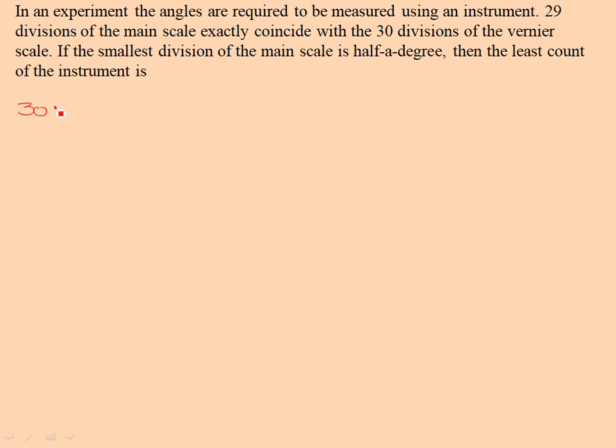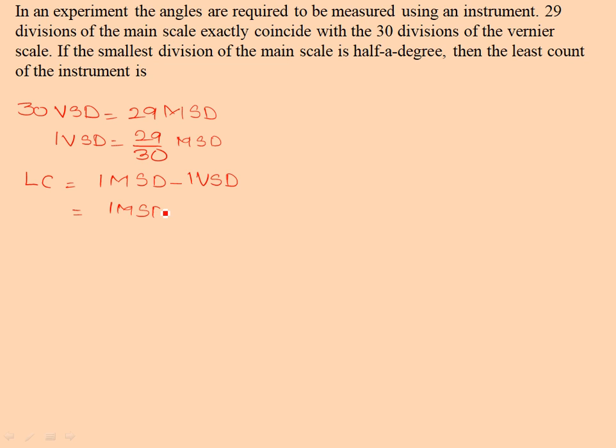So 30 divisions of vernier scale are coinciding with 29 divisions of main scale, or one vernier scale division value that will be equal to 29 by 30 of main scale divisions, and the least count will be equal to 1 MSD minus 1 VSD, or that will be equal to 1 MSD minus 29 by 30 MSD, or that will be equal to 1 by 30 of MSD.